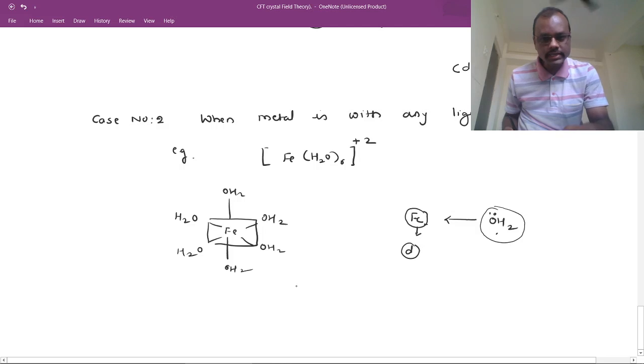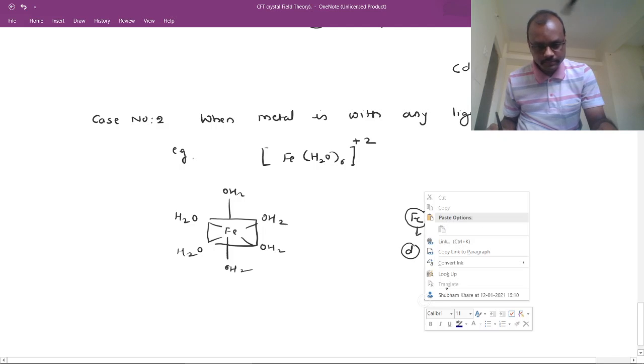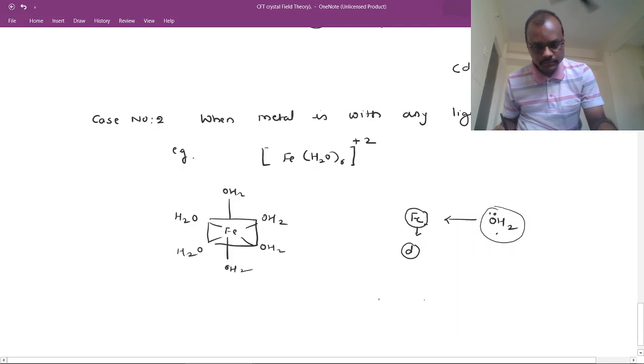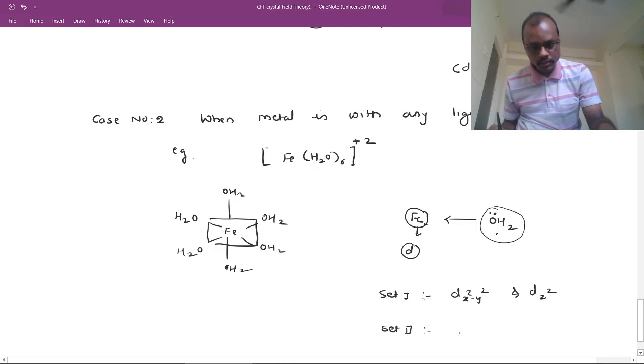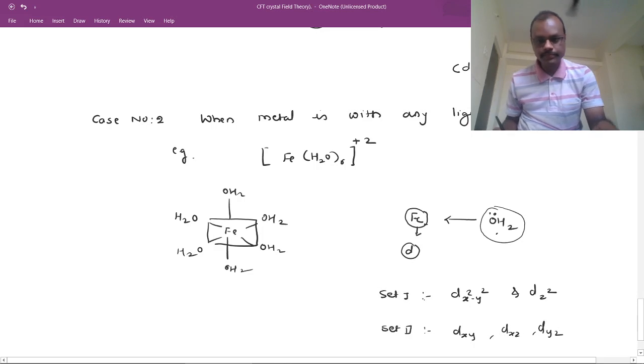So the d orbitals split into two sets. The first set, set number 1, is dx square minus y square and dz square. And the second set is dxy, dxz and dyz.